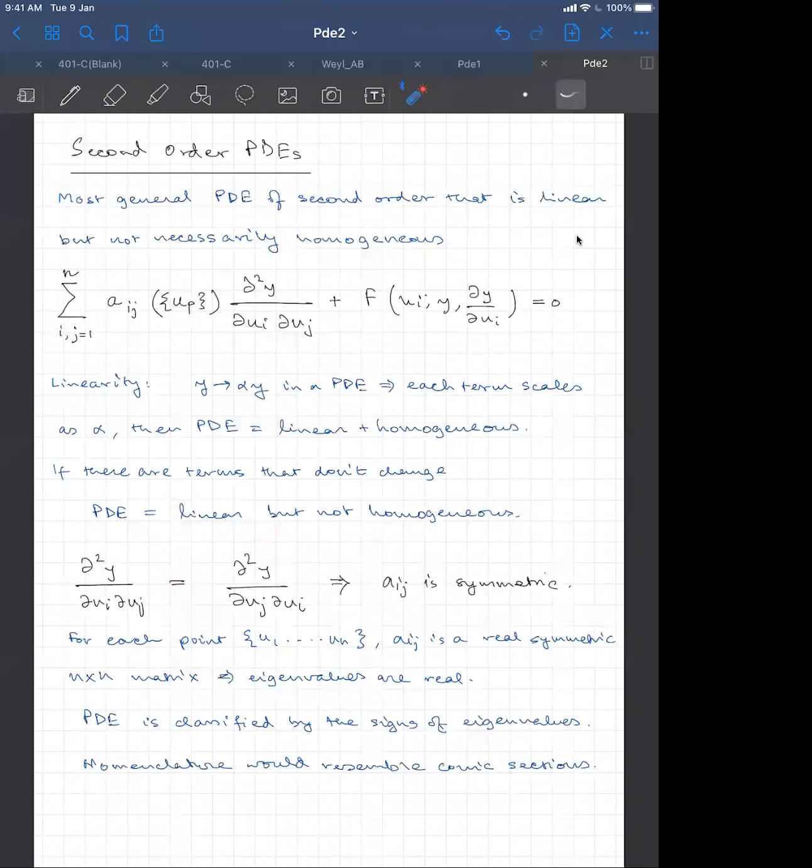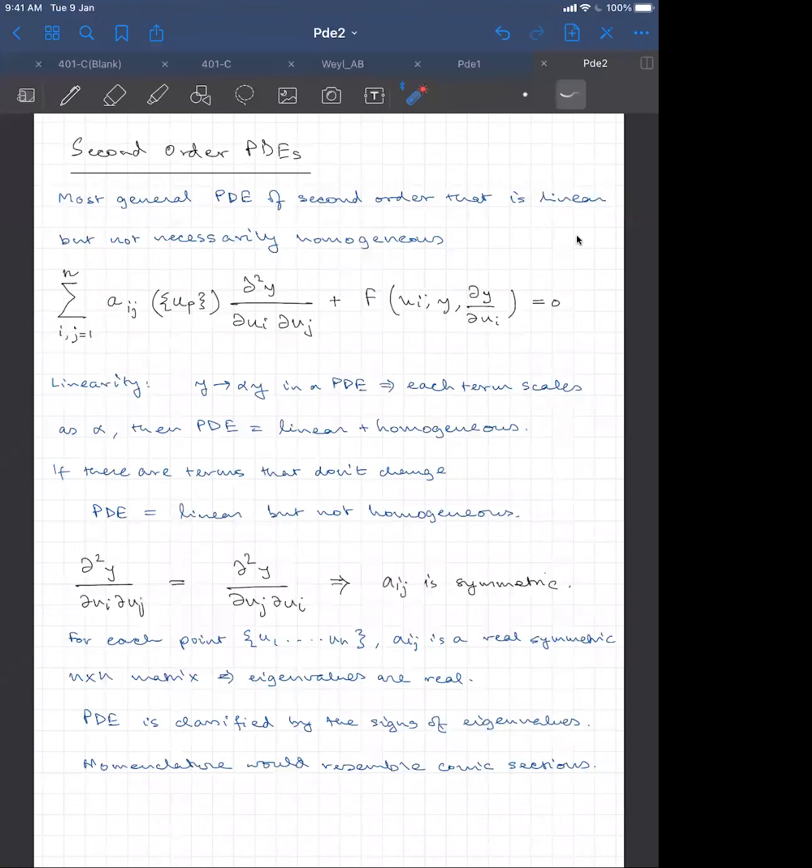Okay, since these can change at each point, we would need to classify a given partial differential equation at some given point. So this is something that you need to keep in mind.